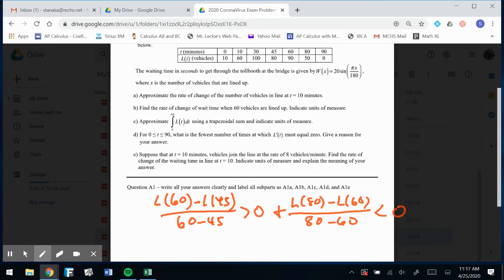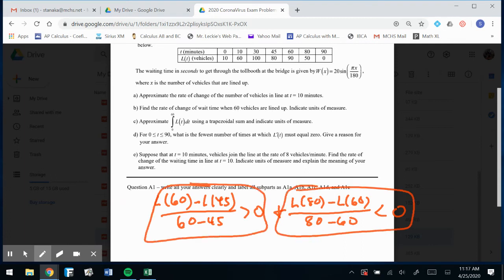So what does that mean? Well, that means the same thing, right? By the intermediate value theorem, since that average rate of change is greater than 0, and since that average rate of change is less than 0, the IVT guarantees that there has to be an average rate of change between those values that has to equal 0. And the MVT guarantees that if the average rate of change is 0, then there has to be an instantaneous rate of change that has to be 0. That's 3 times.